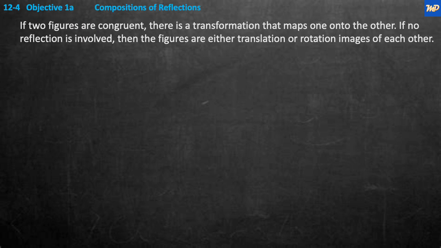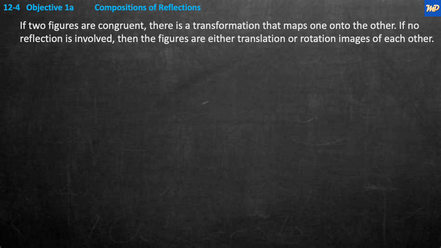Okay, objective 1A, compositions of reflections. This is objective 1A because there are a couple more slides that will eventually follow this one that are still from the objective category. If two figures are congruent, there is a transformation that maps one onto the other. If no reflection is involved, then the figures are either translation or rotation images of each other.